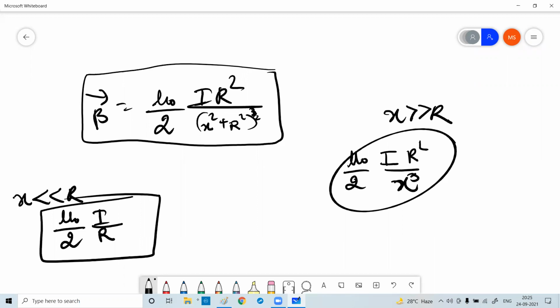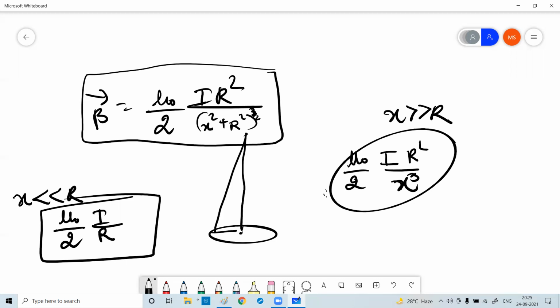If you see your page number 244, this is your expression for large distances. If your current loop is very far, your r is very small, your x is very far, this is called the axial case.